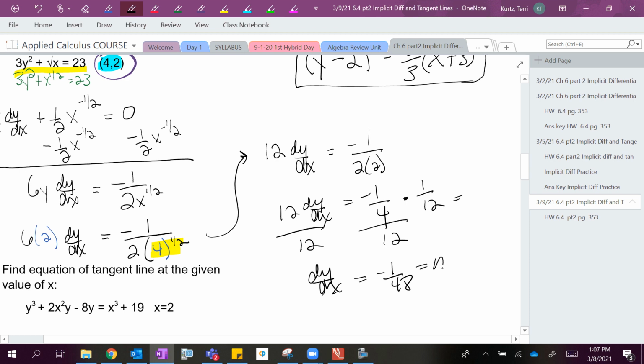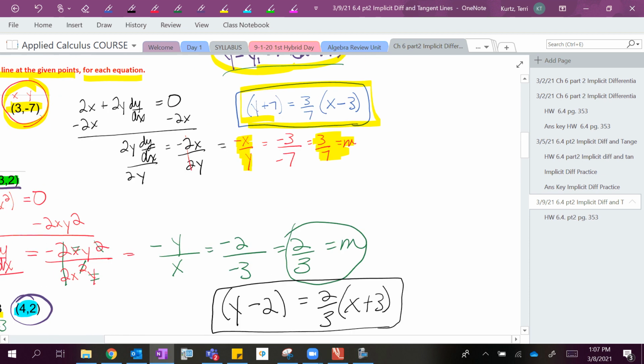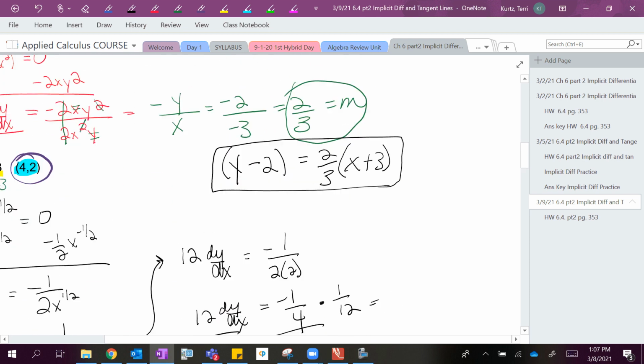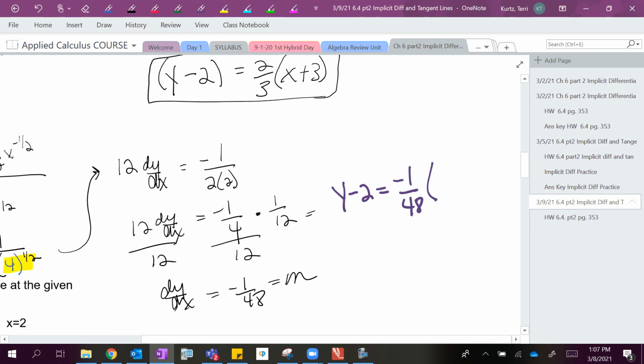Okay, which again is my m. Now I need to write my equation. So again, I'm going to use my point slope form and just plug in the point and the slope. So my final answer is y minus 2 equals negative 1/48 times x minus 4.